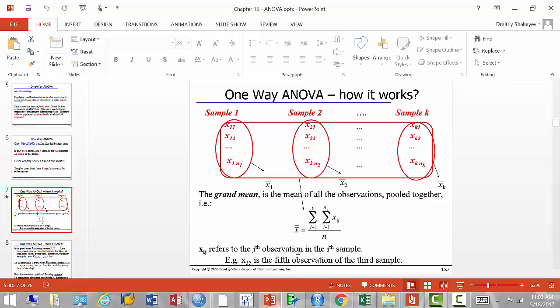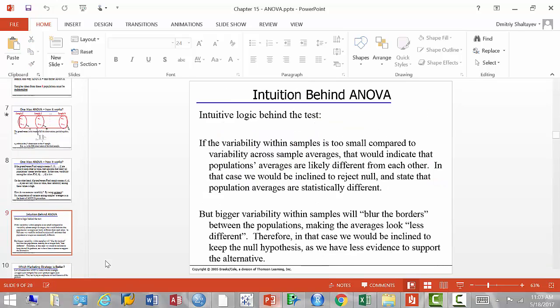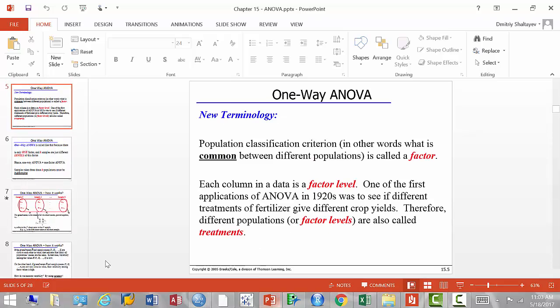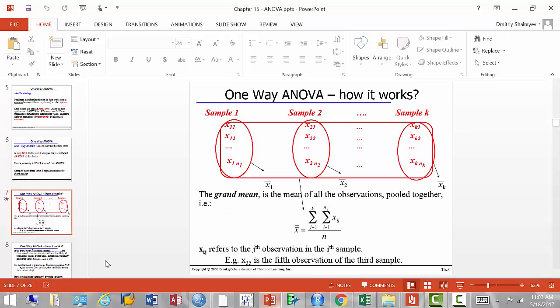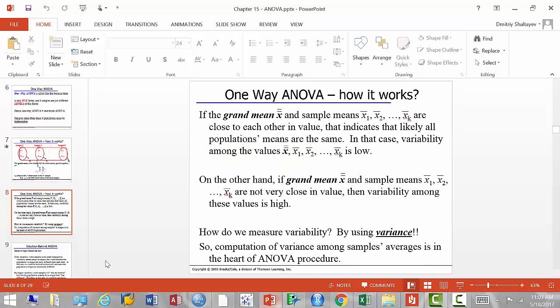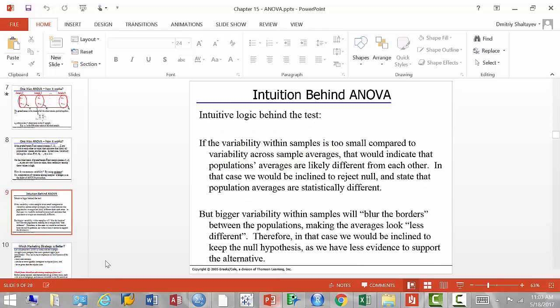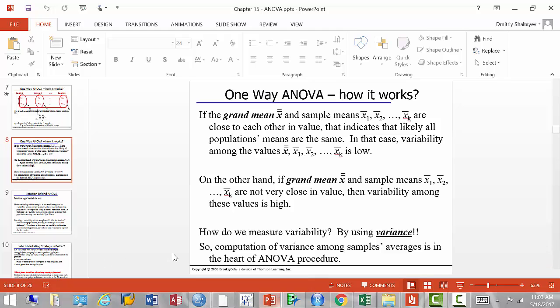So here is the weird part, okay, about the ANOVA test. When ANOVA test is performed, what we're really computing is how far is my x1 bar from x bar bar?